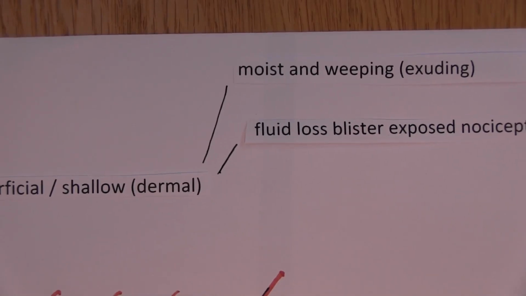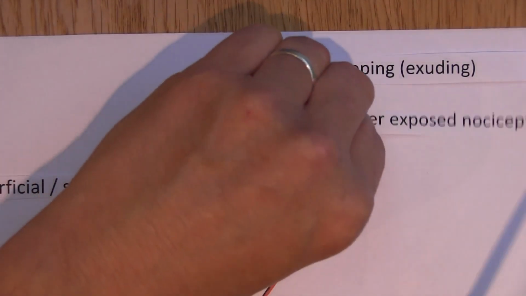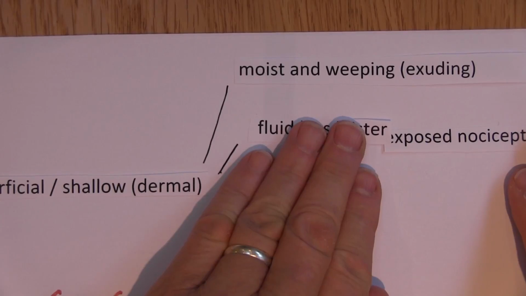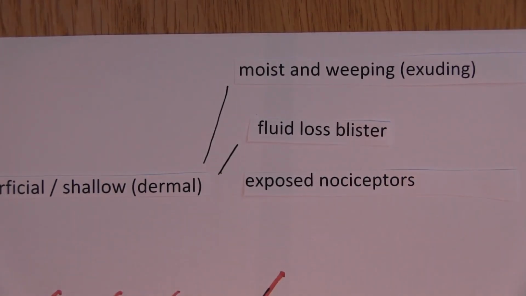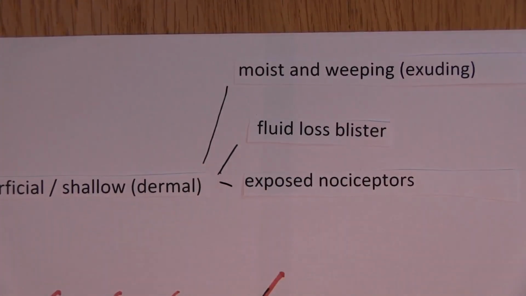And also here we notice that there's, that should be a separate point really. We have exposed nociceptors. So we've got the fluid loss and the blistering, and we've got exposed nociceptors. So the blistering, rather, because the fluid is collecting underneath dead tissues. Now the exposed nociceptors. Now we have noted that there are lots of nociceptors in the dermis.